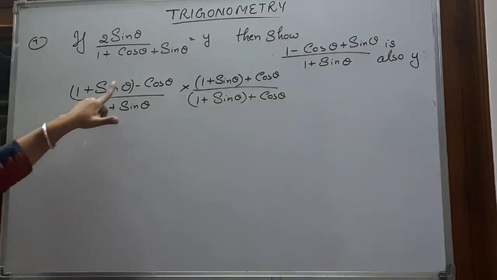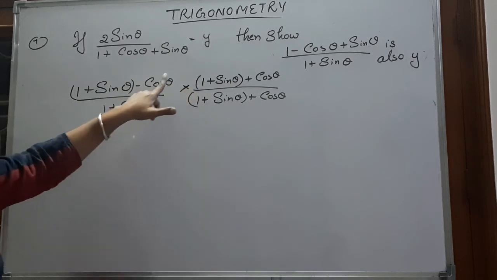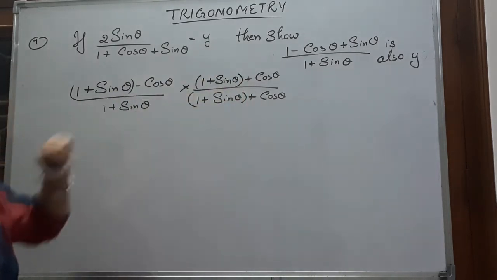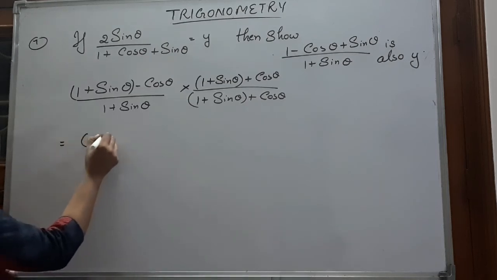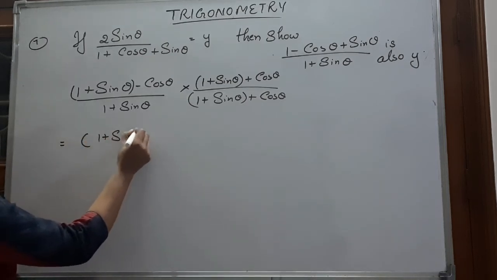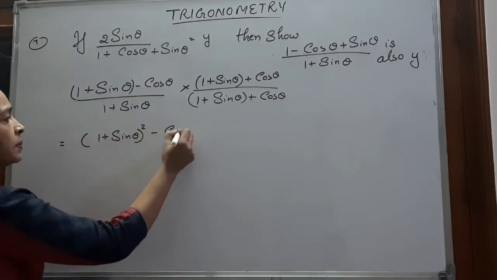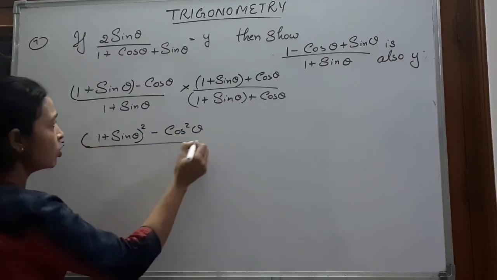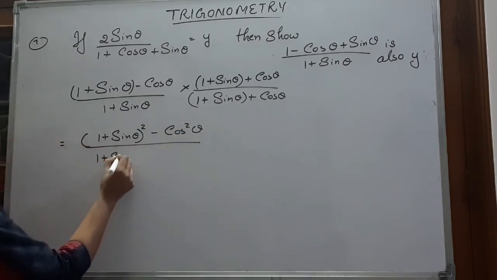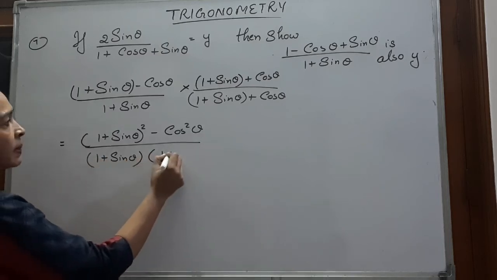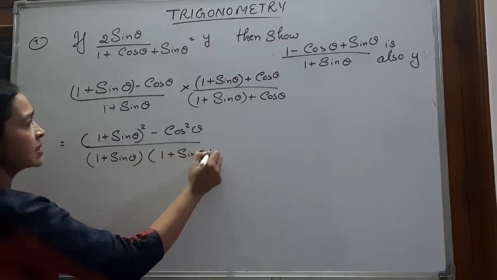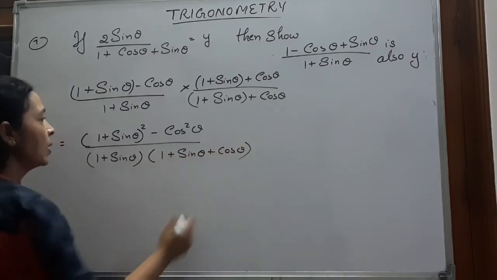In the numerator we have 1 plus sin theta minus cos theta and 1 plus sin theta plus cos theta. A minus b, a plus b. What will we get? A whole square minus b whole square. And in the denominator we have 1 plus sin theta into 1 plus sin theta plus cos theta.